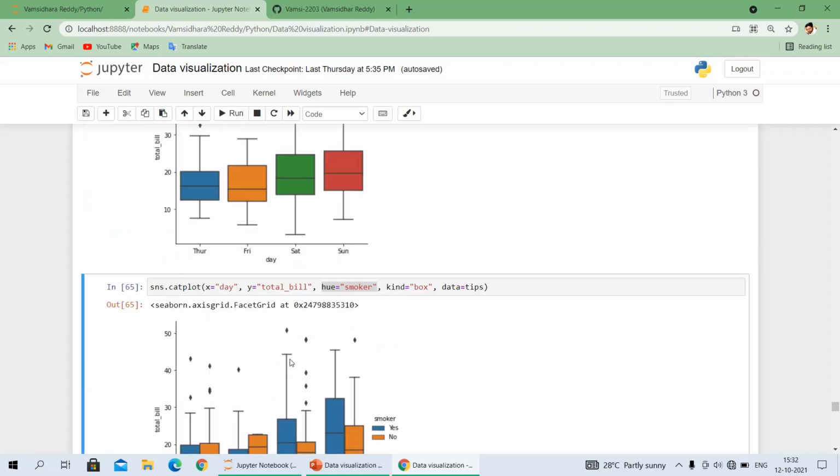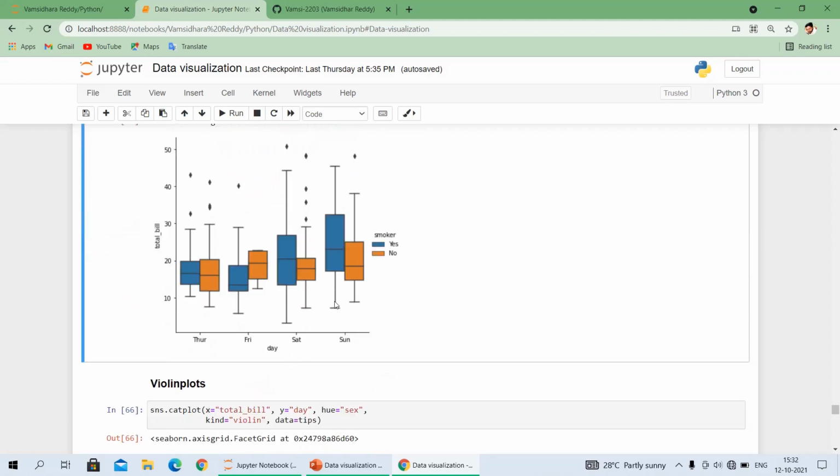We can see where the differences are between low smokers and high smokers on Saturday, low smokers on Thursday, and non-smokers on Sunday.